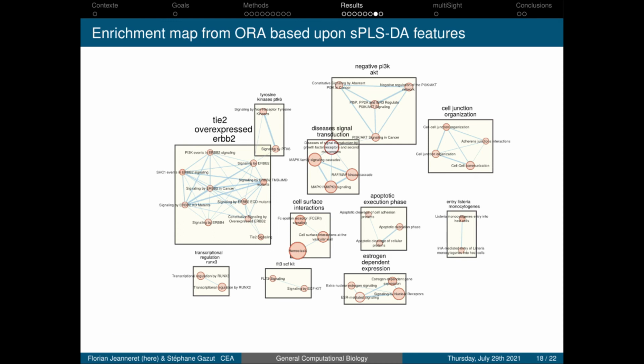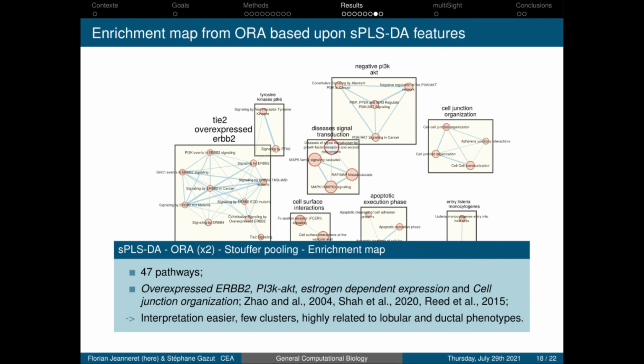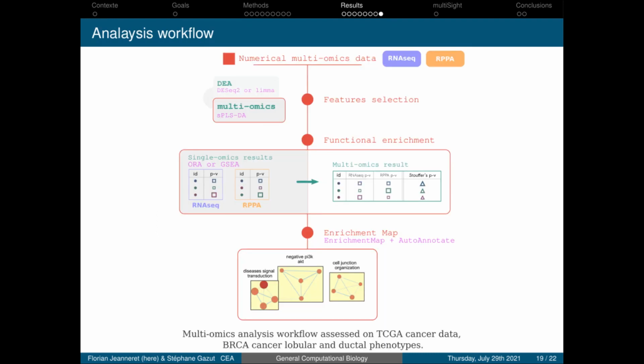We have only 50 pathways, and with biological themes, biological clusters, very specific to known differences between lobular and ductal. So using SPLSDA instead of differential expression analysis seems to make interpretation easier, with a small number of clusters, highly related to lobular and ductal phenotypes.